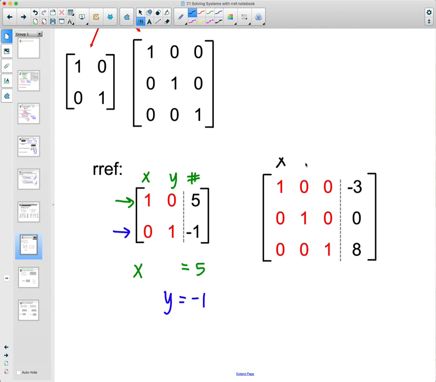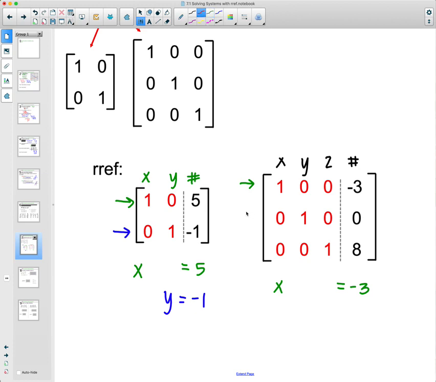So in this one, if you had 3 variables, x, y, and z, and then this is the number, okay, then this top line would say 1x plus 0y plus 0z equals negative 3.